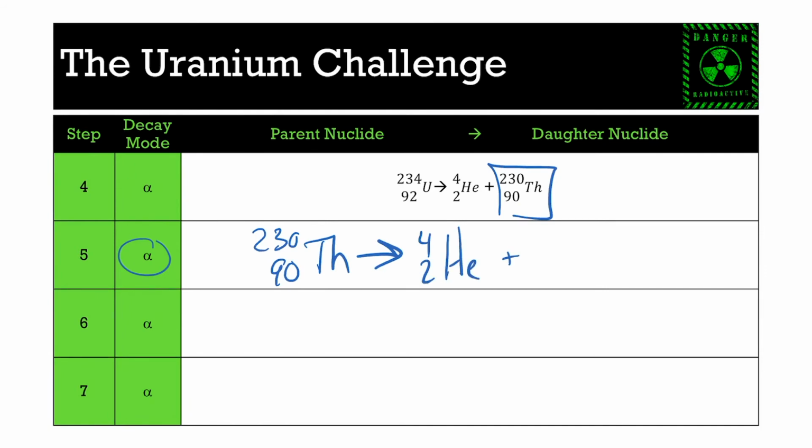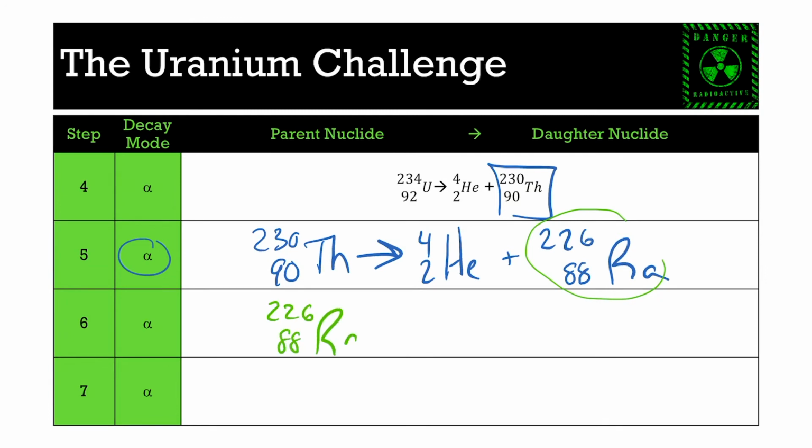And now, to keep everything balanced, this number up here has to be 226, because 4 plus 226 is 230. And then 90 minus 2 is 88. Element 88 is Ra.